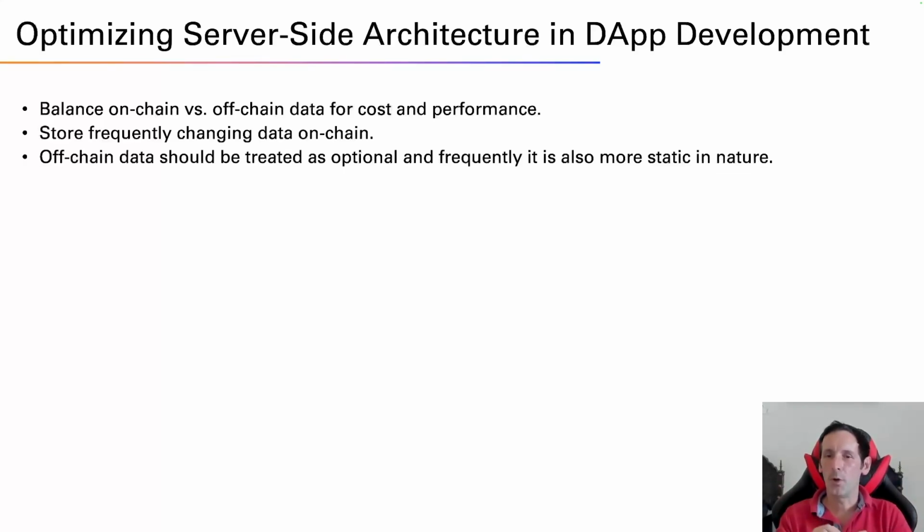A crucial point to remember is that off-chain data should always be considered optional. Let me explain what I mean by that. If off-chain data were to become temporarily unavailable, the core functionality of the DApp, like allowing a customer to place an order, should remain intact.